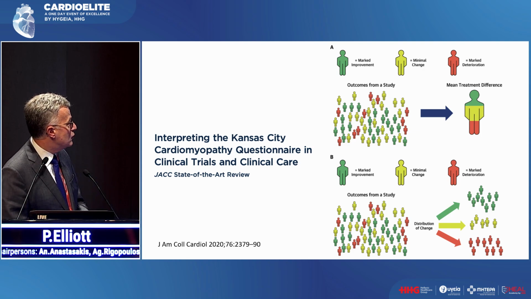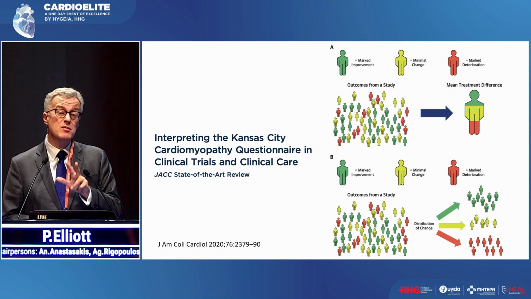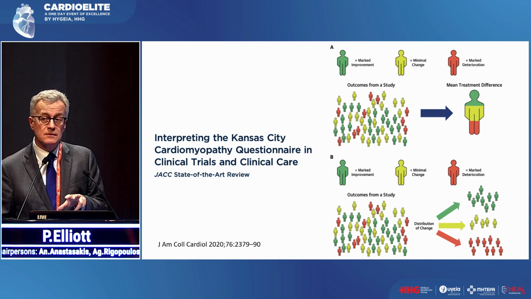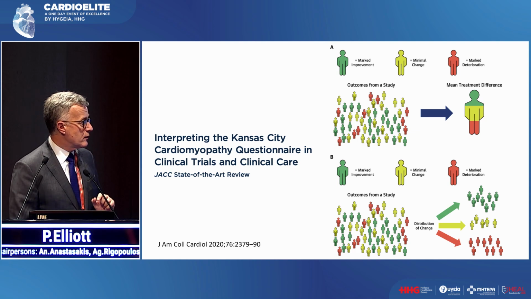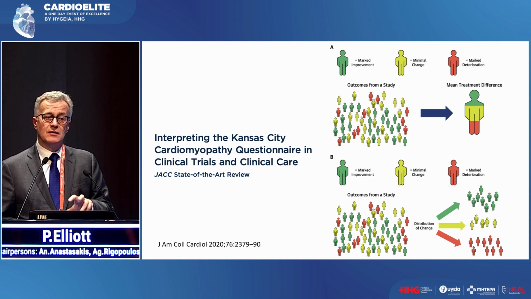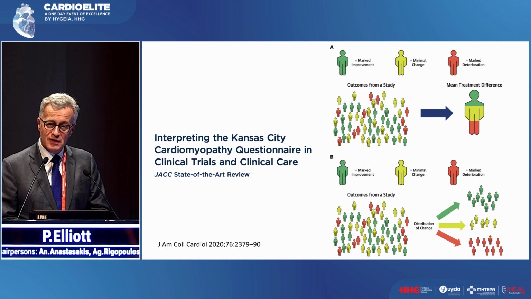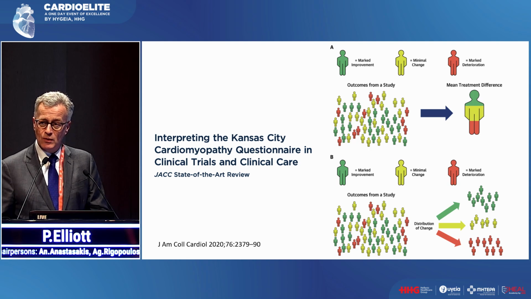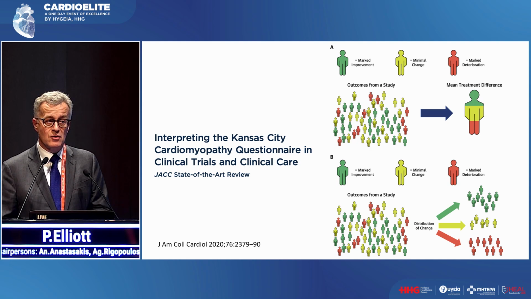And there are going to be people who get better, there may be people in whom it makes no difference, and there may be people, actually, you might be making worse. So I think one of the contributions we have by bringing together the cardiomyopathy way of thinking with the heart failure way of thinking is to start thinking about individualized responses to therapy.